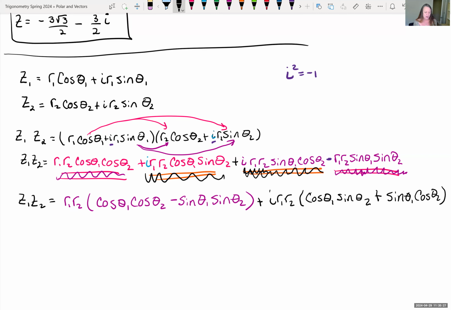We have cosine cosine minus sine sine, which is the sum of two angles for cosine, so it would be cosine of theta sub 1 plus theta sub 2.